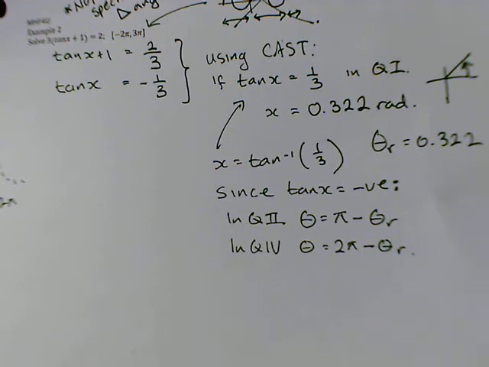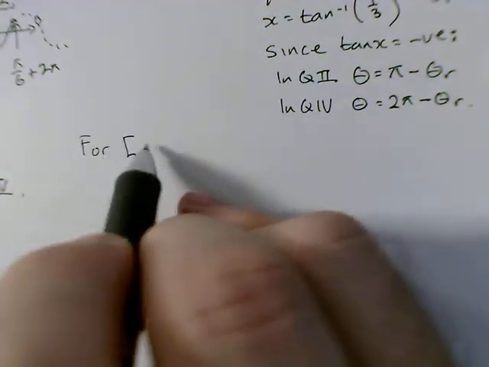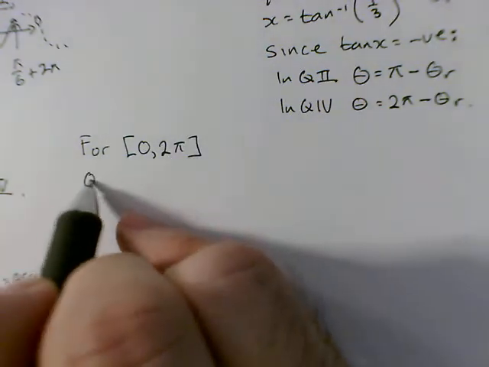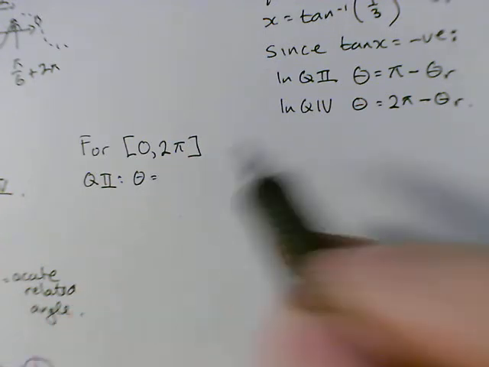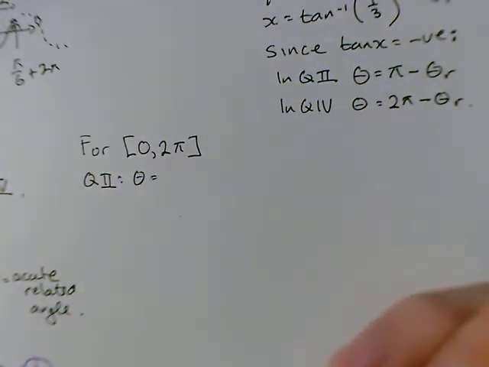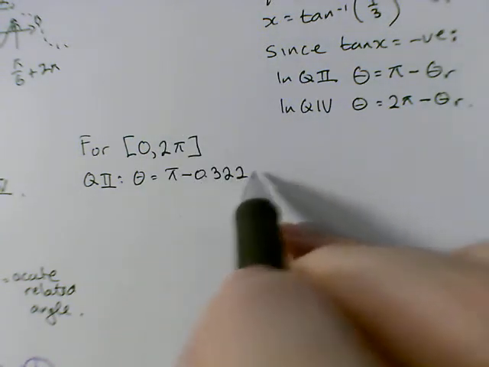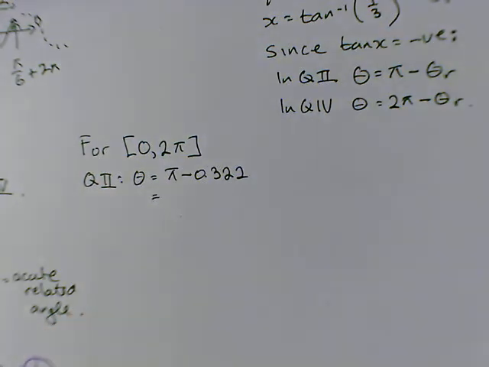It's a lot, but again, it's all alluding to little skills that we've done before. So let's do this. For the interval of my normal circle, in quadrant 2, my angle is pi, so 3.14, minus 0.322. What is that?